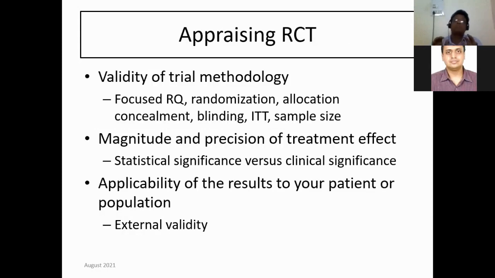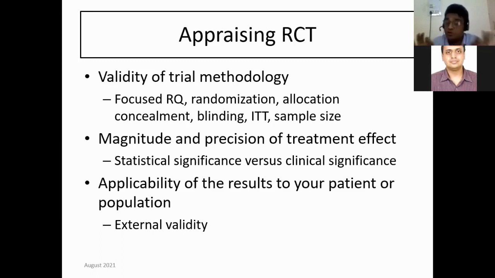Now the last part is that once you have completed your RCT, you have to appraise your RCT. Appraising an RCT is to ensure the validity of the trial methodology, and that the research question is focused, the randomization plan, what randomization you're going to use, is very clearly stated, and how you're going to do allocation concealment is very clearly stated. The protocol clearly tells you the standard operating procedure.